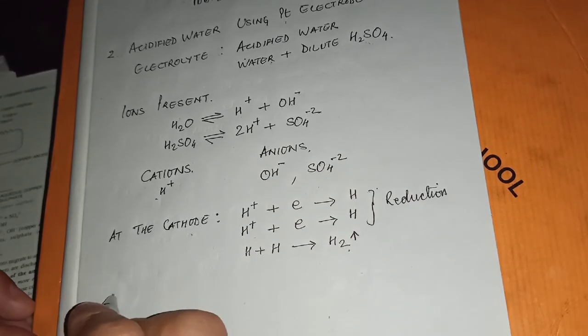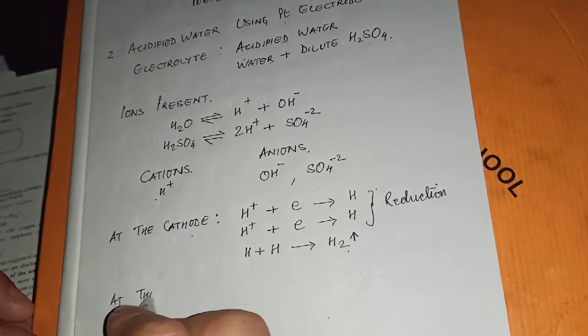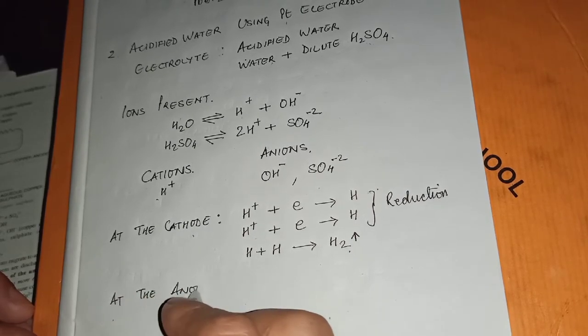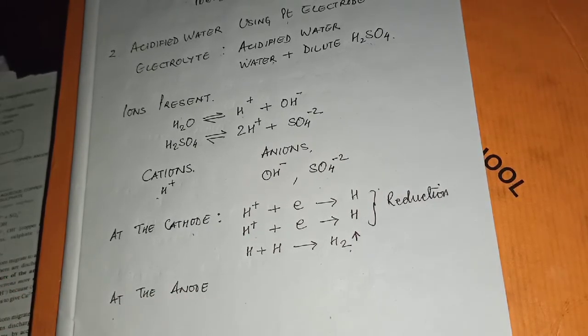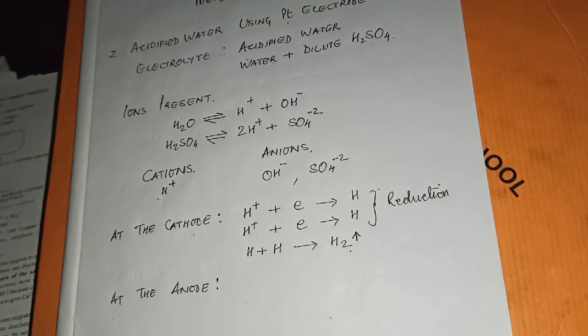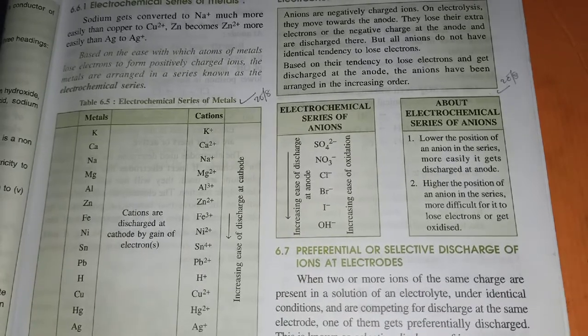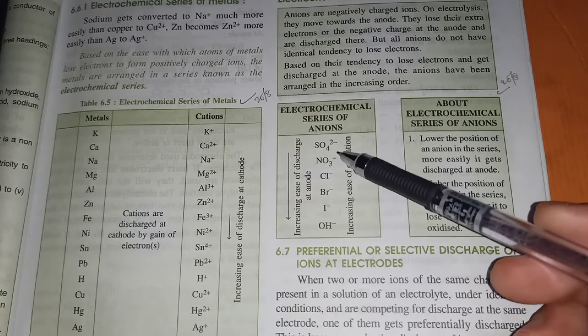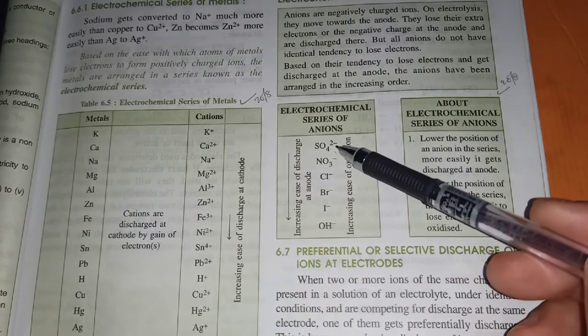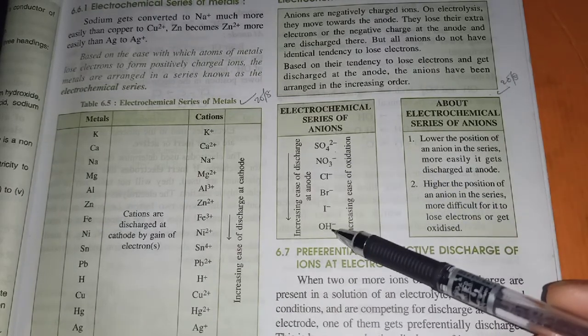Now at the anode, we have two types of ions which can move towards the anode and get discharged. But now we will take the help of the electrochemical series of anions. According to the electrochemical series of anions, sulfate is at the top whereas hydroxide is at the bottom.